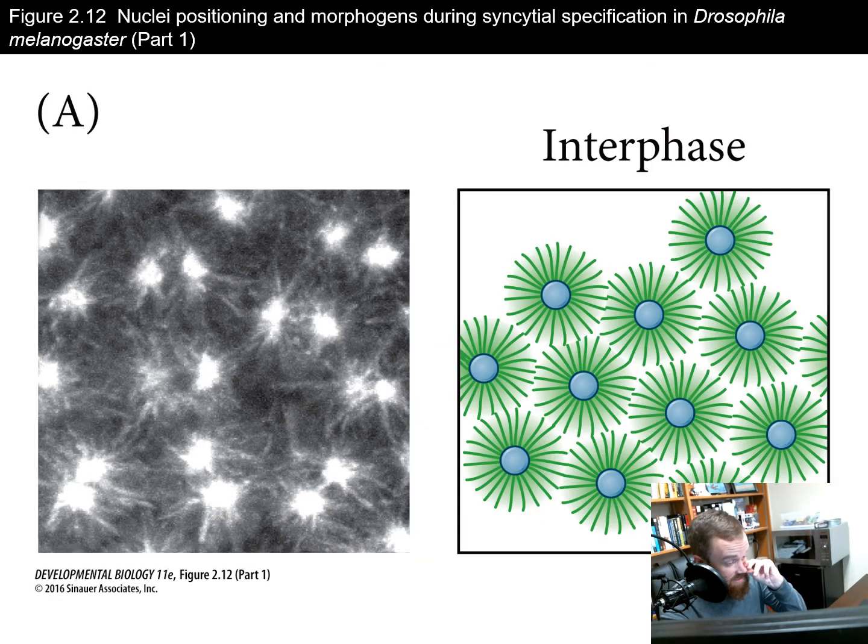So what prevents these nuclei from just floating off into oblivion? How do they get to the outside of the cell where they are packaged up into individual cells later? Well, these nuclei have this cytoskeleton network where, between cell divisions, they put out a dynamic network that consists of actin and microtubules, as well as motor proteins.